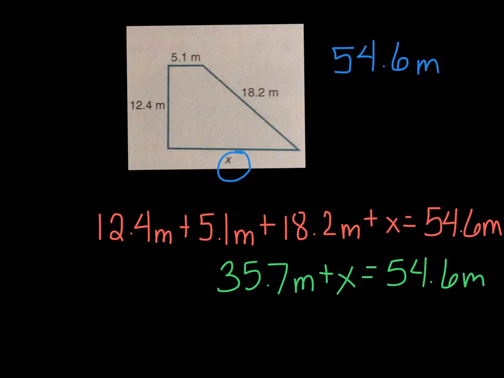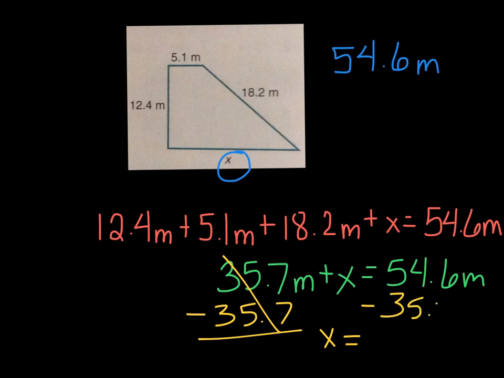Now this looks like a regular equation where we're solving for x. We subtract 35.7 from both sides to get x all by itself. So x equals 54.6 minus 35.7, which is 18.9, and then we bring down the meters. That's how we use the perimeter to solve for a missing side.